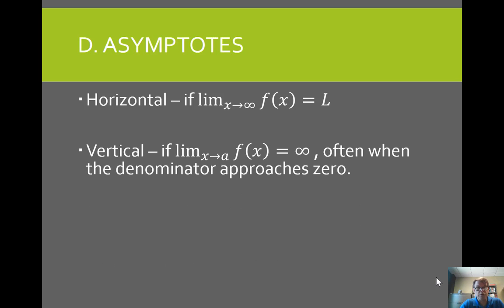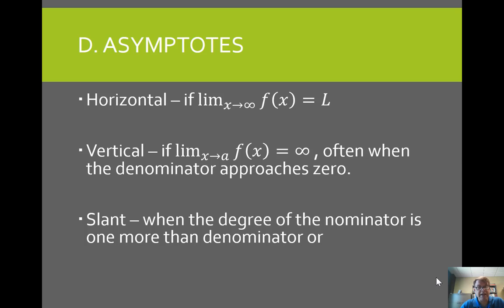Vertical asymptotes, of course, happen if, as the limit x approaches a, the function goes to infinity. Often, vertical asymptotes appear when the denominator approaches 0. You can't go there.